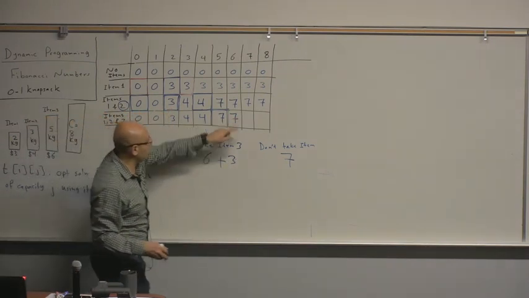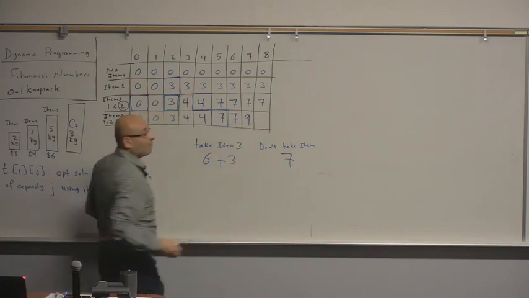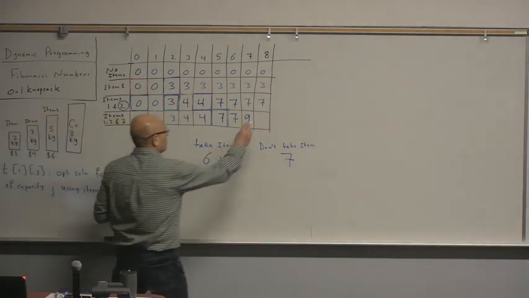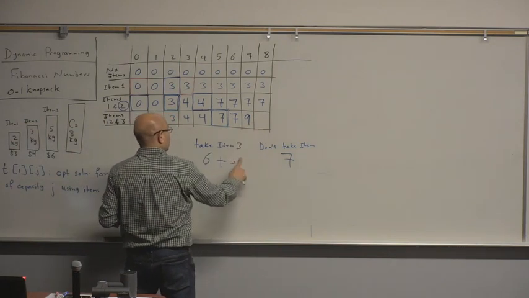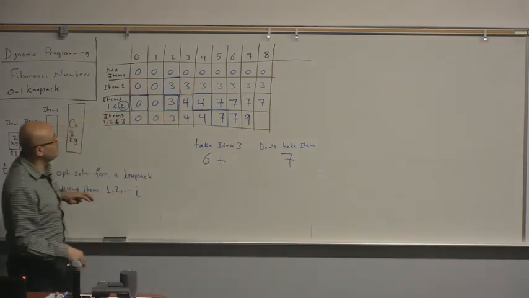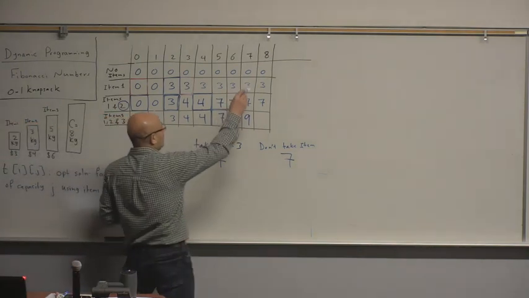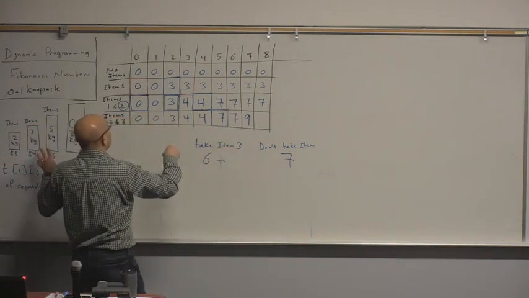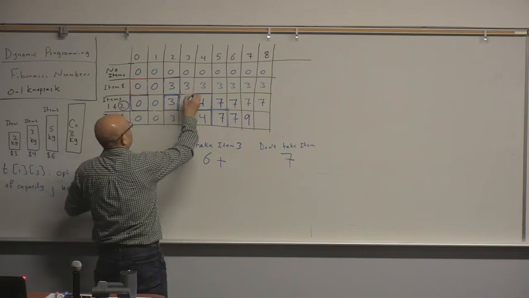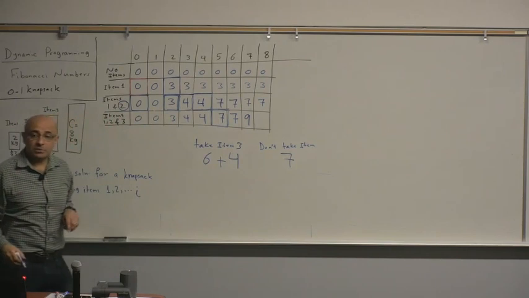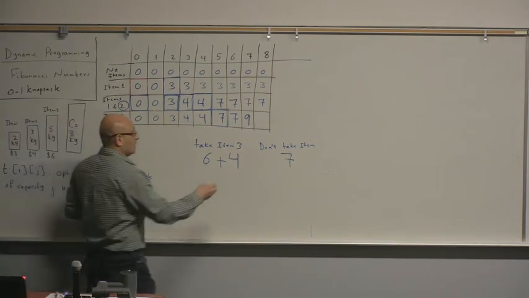So now I take it and get a 9. And here, it's 6 plus what I can fit within a capacity of 8 minus 5, which is 3. So I can fit 4. So this is 6 plus 4, which is 10. And 10 is better than 7.